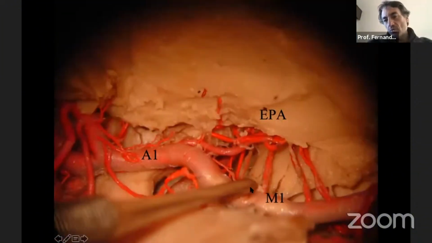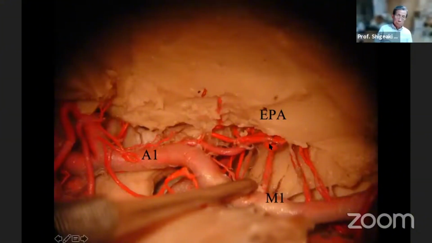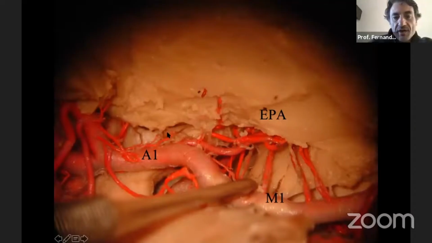This is a microscope view of the carotid bifurcation with the M1 segment, A1 segment, communicating artery, optic nerve and optic chiasm, the lamina terminalis region, and all of the perforators going to the anterior perforated substance and the preoptic area.